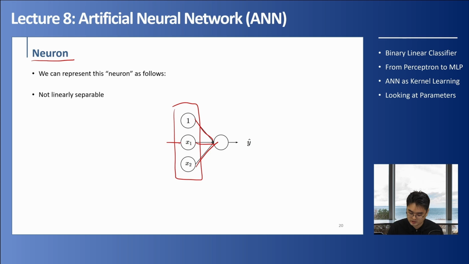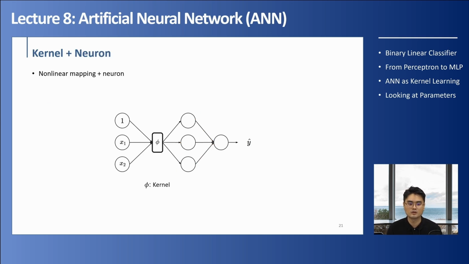Using these two input features, we know that we cannot make a classification boundary so the data points can be linearly separable for our XOR problem. So if we just use this one, we can't do our XOR classification problem properly.